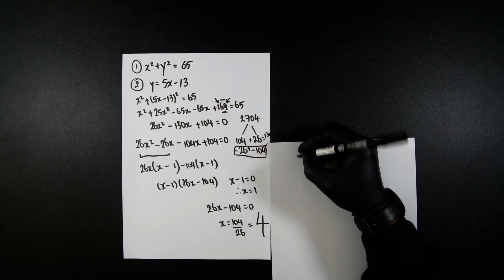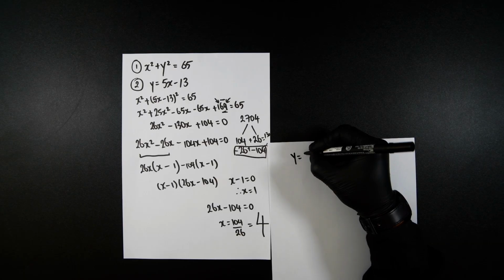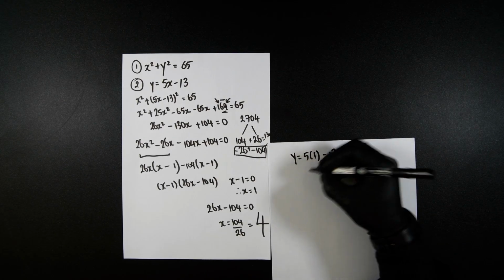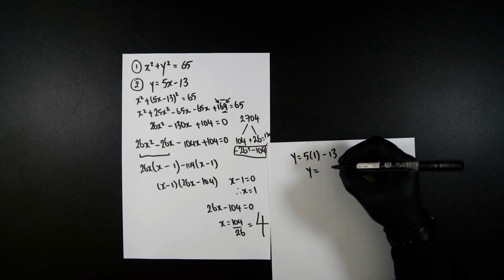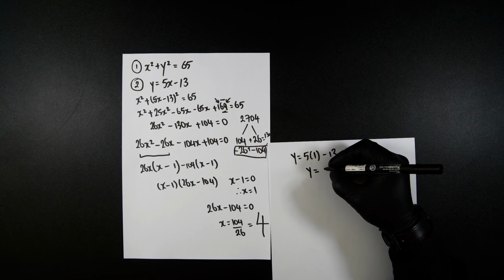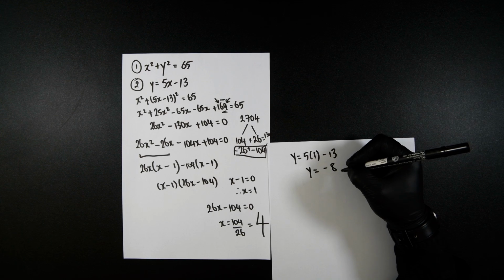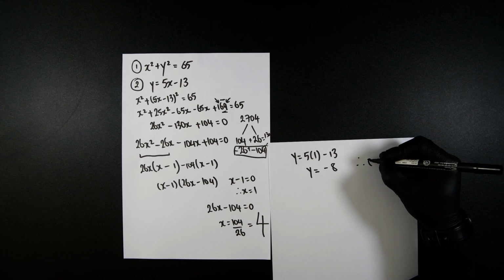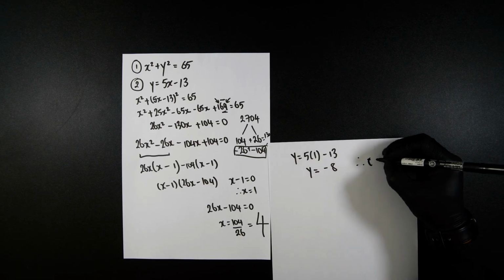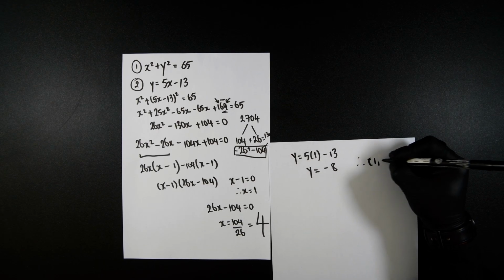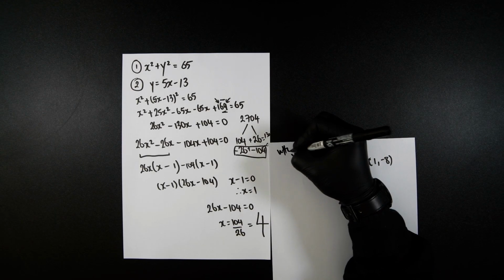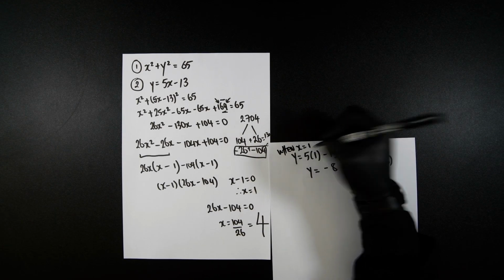When x equals 1, y would equal 5 times 1 minus 13. 5 minus 13 is going to be minus 8. So therefore, your coordinate, your point, is going to be 1 and minus 8. So now I'll write here when x equals 1.